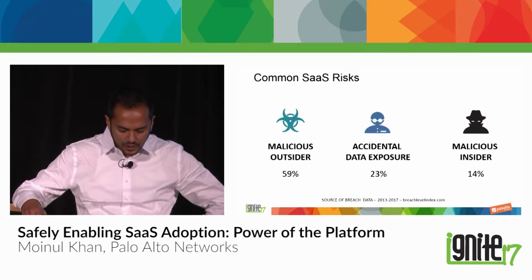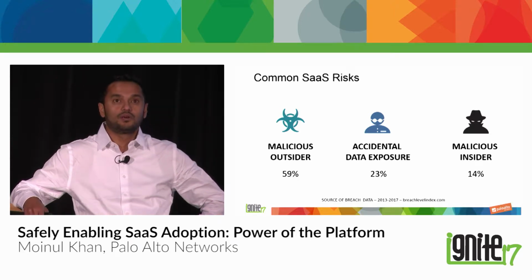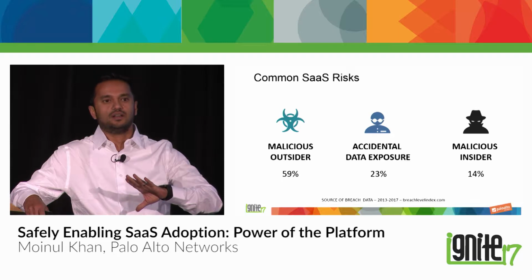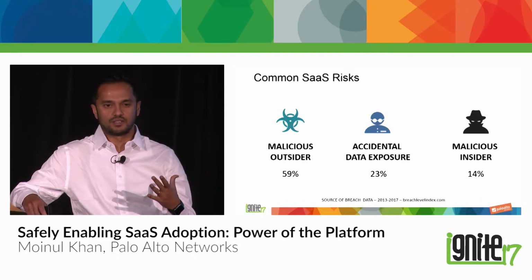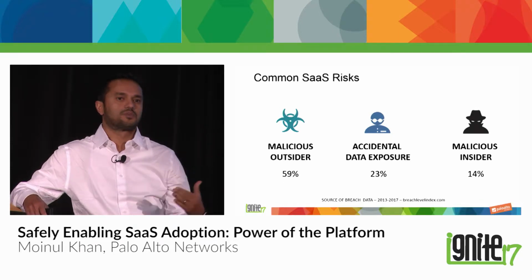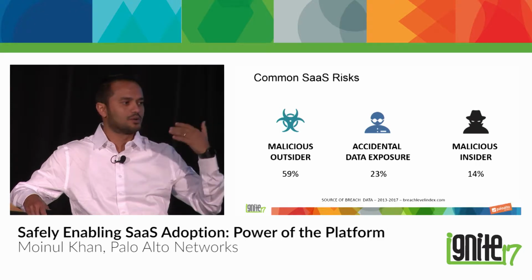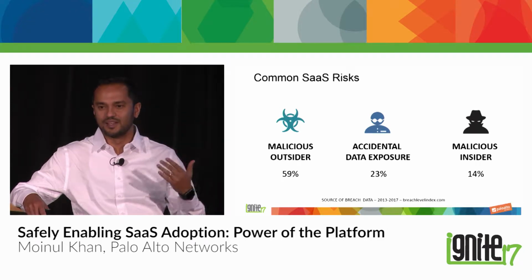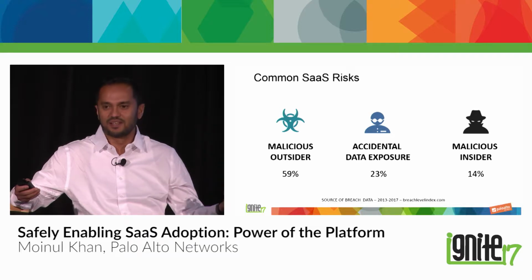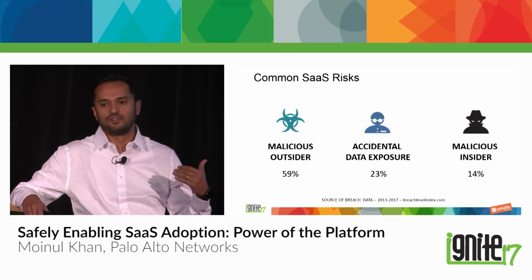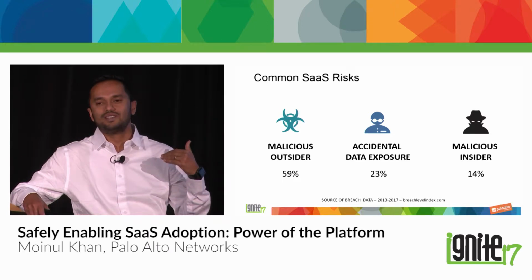Now, if you look at the approach that different organizations are taking to secure themselves from these SaaS applications, the very first problem they're trying to solve is the visibility problem, right? It's the visibility problem we talk about as part of any Palo Alto products. If you don't see it, you can't secure it. So the first problem you need to solve is, do you see all the traffic?